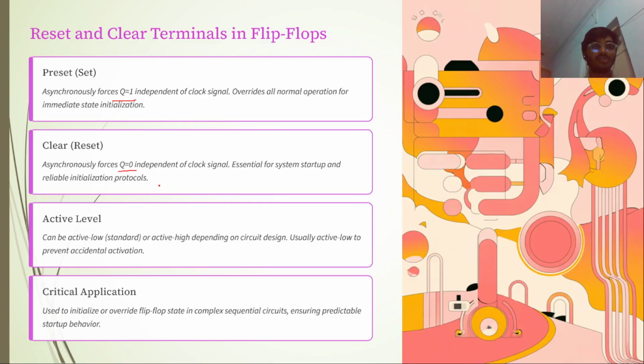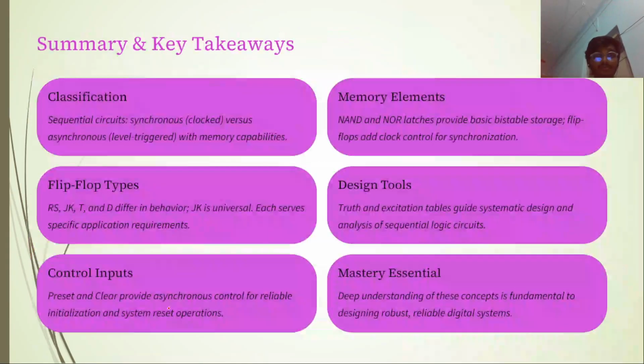Active levels can be active low or active high depending on the circuit signals. Active low is used to prevent accidental activation. In critical applications, they are used to initialize or override flip-flop states in complex sequential circuits, ensuring predictable startups and behaviors.